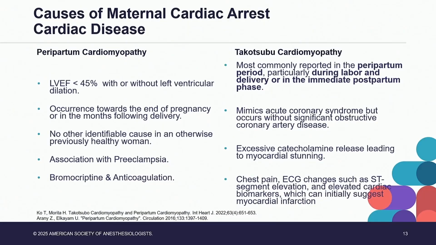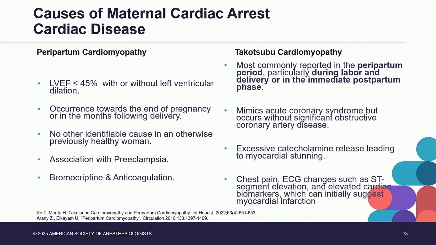So a few things about cardiac diseases. Kate did a very good job talking about dilated cardiomyopathy, and I want to talk a bit more about peripartum cardiomyopathy. There have been multiple definitions, but usually we go by the European College of Cardiology, which defines peripartum cardiomyopathy as new onset of heart failure in a previously healthy pregnant patient that happens at the end of pregnancy until the months following delivery.